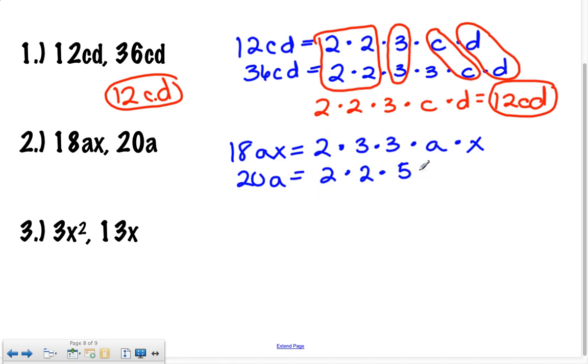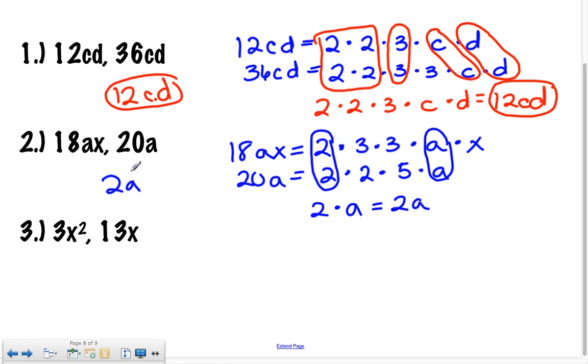And then we have an A. So we have one set of 2's that match up. These numbers don't match up together, but we have an A that happens in both of them. So now we're going to bring out a 2 occurs in both, and an A occurs in both, and then we're just going to multiply them. So 2 times A is 2A. So the greatest common factor between 18ax and 20a is 2a.